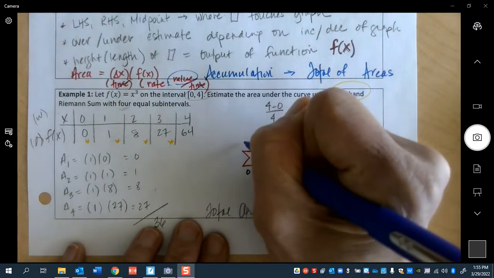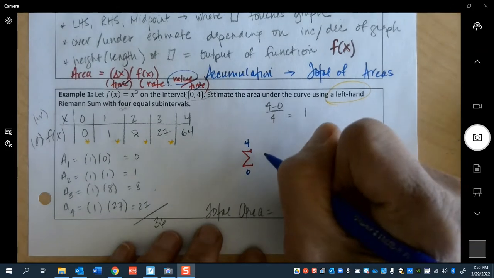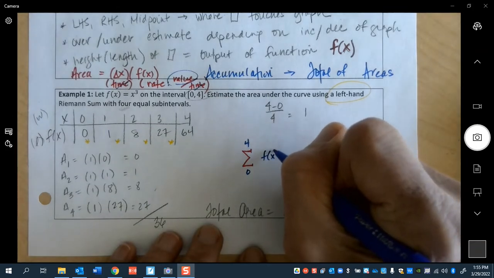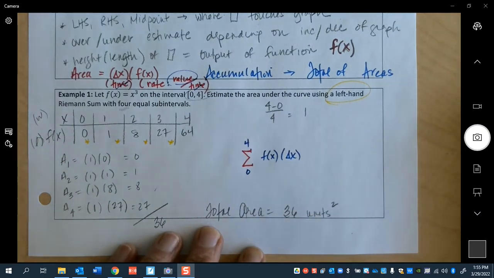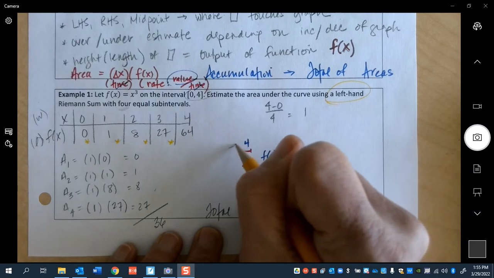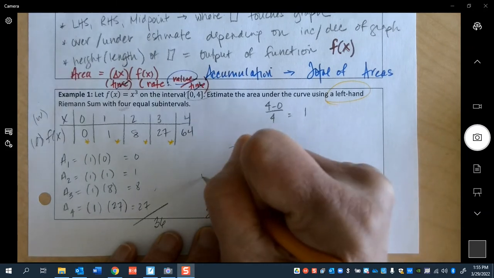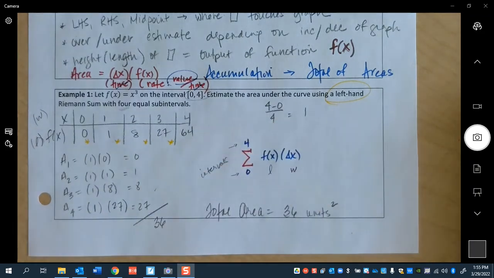From 0 to 4 tells you what your input is, and f of x and change of x are going to be your length and your width, and 0 to 4 are your intervals. From 0 to 4. So we're going to start using Big Sigma to talk about that.